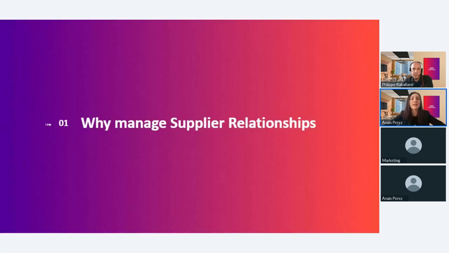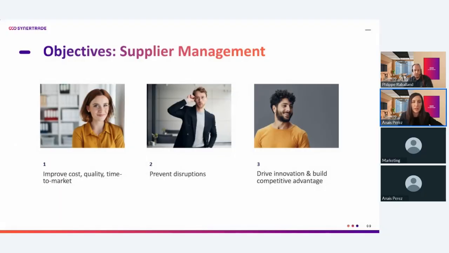So let's get into the topic. Why manage supplier relationships? We overall see three main objectives when we're talking about why we manage suppliers. The first one being the main KPIs of the procurement department, so improving cost, quality, and time to market.